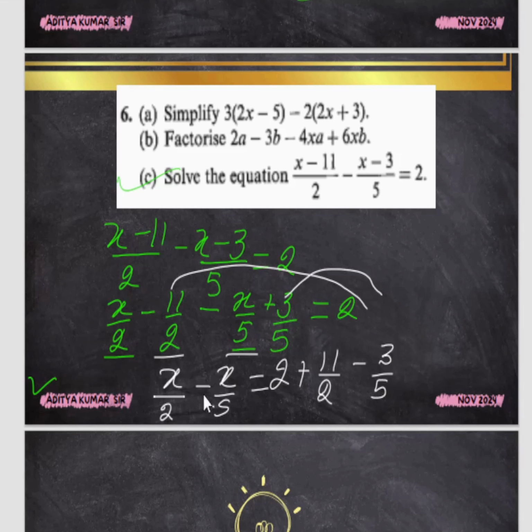Now for the LCM part, 5 will be multiplied here and 2 will be multiplied here. So 5 minus 2, that will be 3x, and both multiplied give 10 here. The LCM of that is 10, and 10 times 2 is 20. 5 is multiplied here, so it will become 55, and 2 is multiplied here, so it will be minus 6.